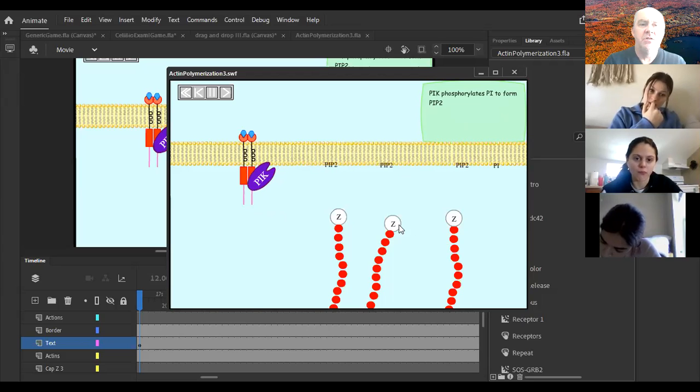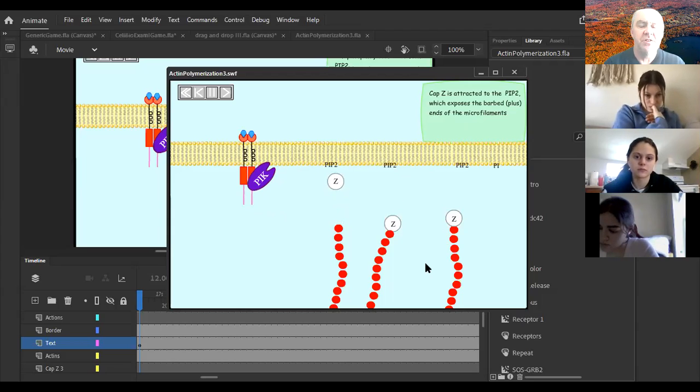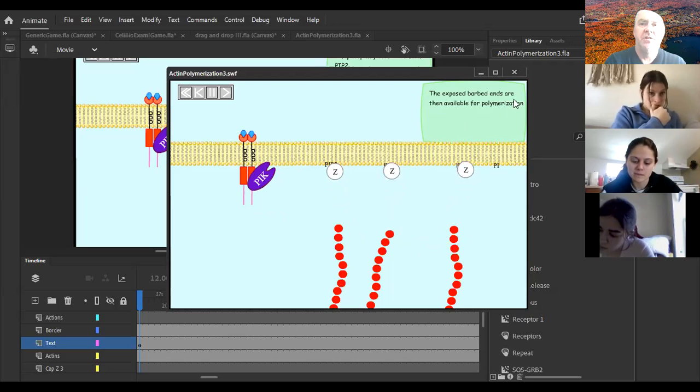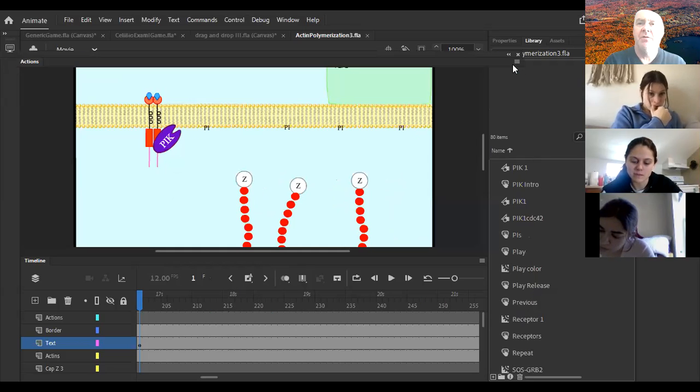And that will pull the CAPZ off the plus end of the microfilaments. And now you've got plus ends that are capable of being polymerized. Okay, so that was the last thing I talked about. Now let's go to the last slide.